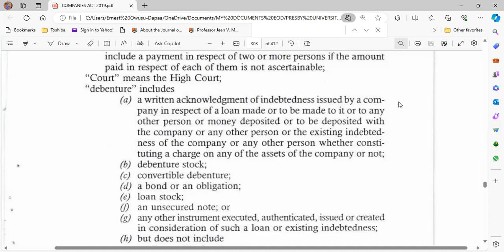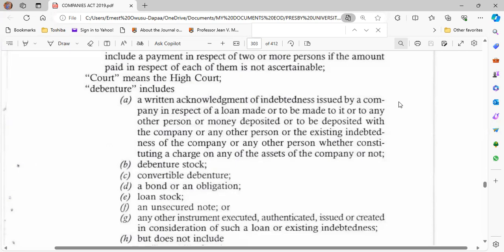So maybe the company has taken 100,000 from you, and they said, okay, they will pay you 20,000 extra. So they make a bond saying that they acknowledge that they have an obligation to you to pay 120,000. So their interest will have been worked into it already. So that is what it has acknowledged formally.